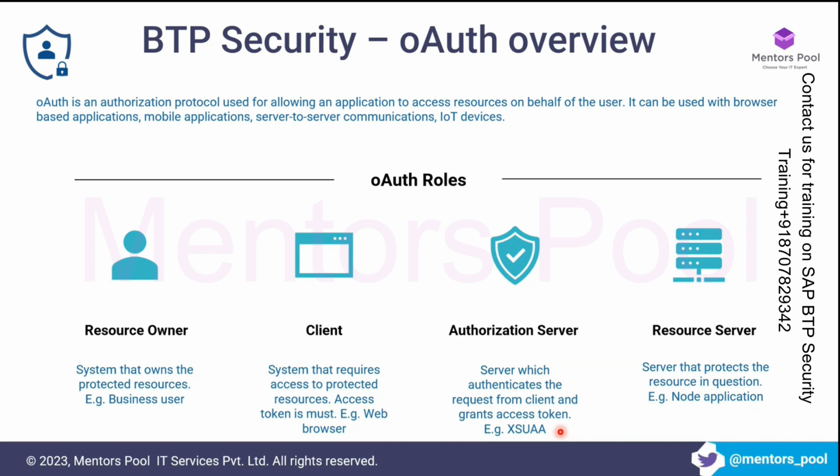You can then use that access token from the client to get access to the resources or information on the server. The server will also talk to the XSUAA auth server to validate that access token. I'll talk about this kind of flow in detail in the slide after this.